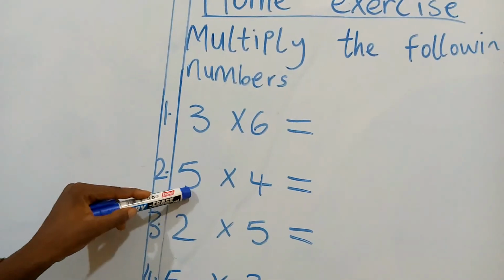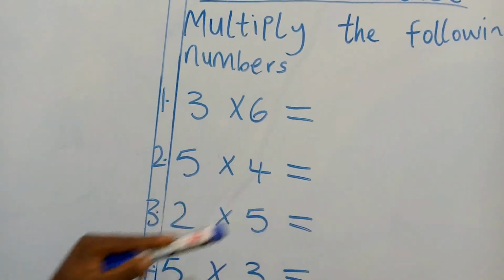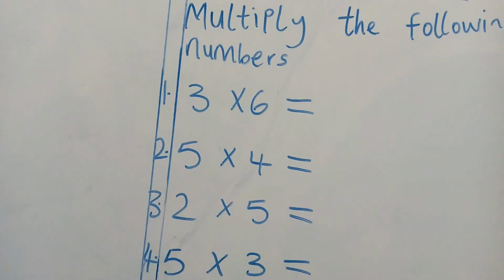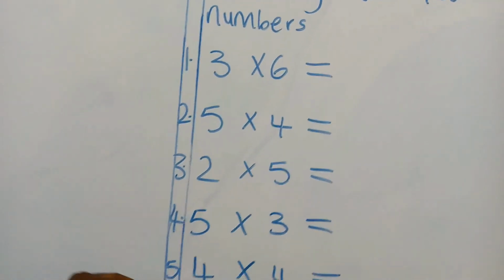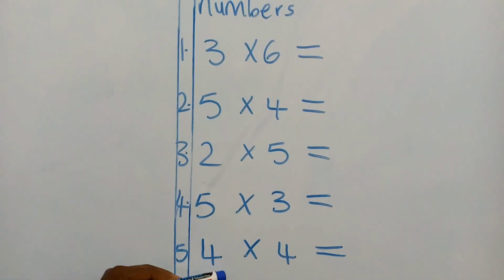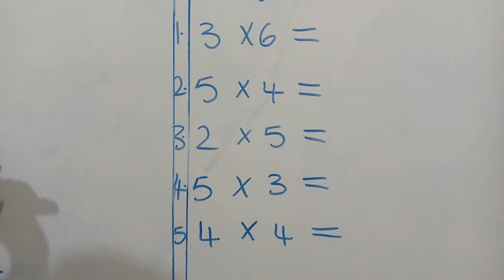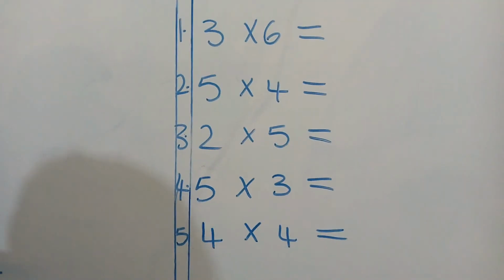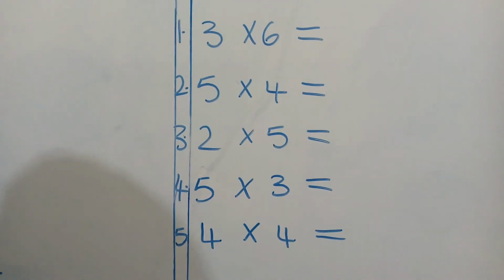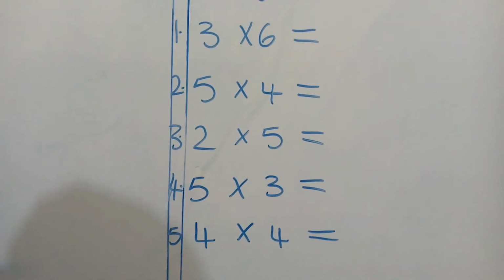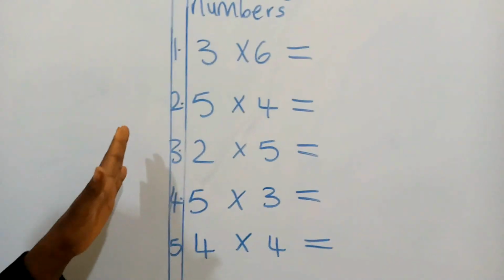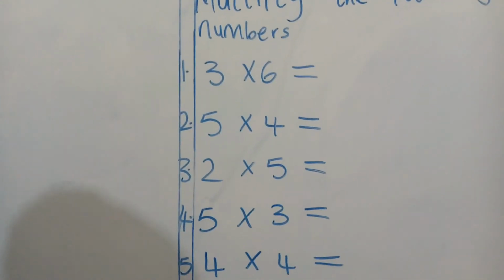The next one is 5 times 4. Okay. 2 times 5. 5 times 3. And the last one is what? 4 times 4. So now you are expected to write this note inside your home exercise book. Okay. So make sure you look at the board and write exactly what is on the board.